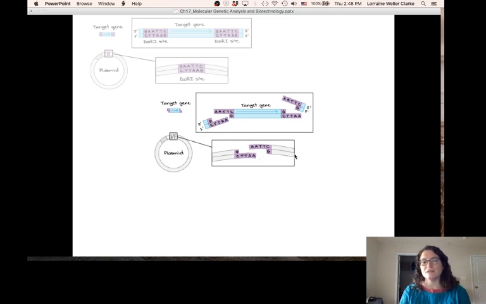Now, sometimes, instead of sticking in, this plasmid will close. So I'm going to talk about the ways that they figure out if they've been successful with it, because not every single plasmid will pick up the gene.